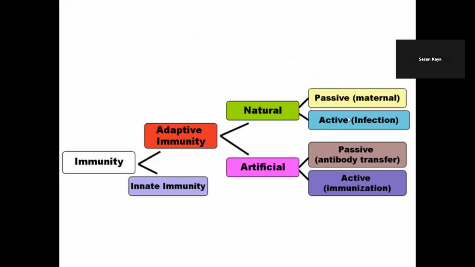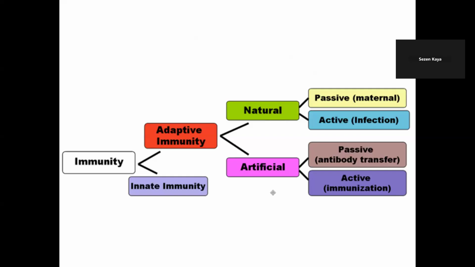Active: if we catch some infection, our immune system begins to create a specific immune response. Passive: we are talking about maternal immunity, like immunoglobulins from the mother that can move to the baby's body during pregnancy and during lactation.